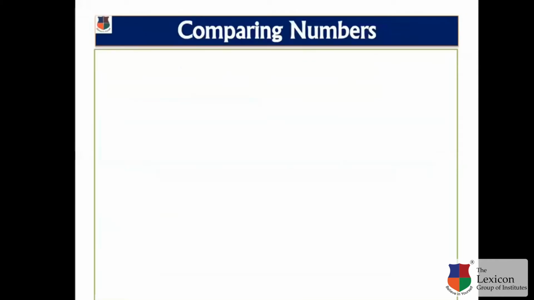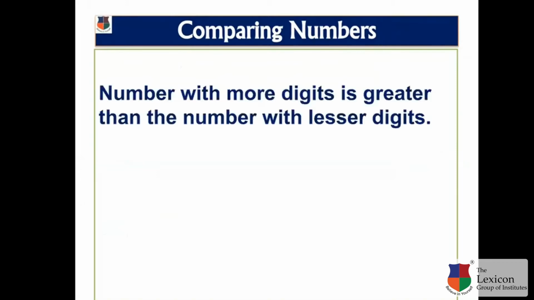Now, next is comparing numbers. You already studied this in class 1 and 2, the comparison by using the signs like greater than, smaller than, and equal to, correct? So, comparing means what? The number with more digits is greater than the number with fewer digits. For example, in a classroom, you have 2 pencils, okay?